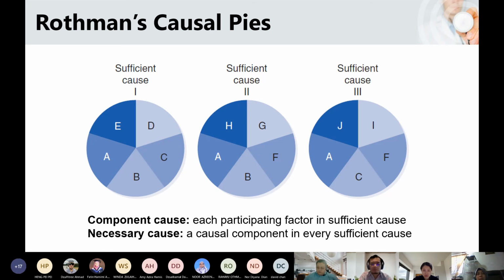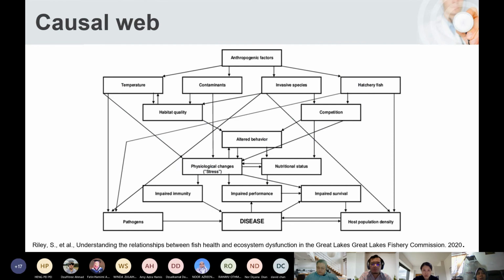But in real life, we use a causal web. And this is what you need to develop in your proposal later, chapter 2. Let's say you're interested in, for example, what is your title? Do you have a title already? Okay, easier. Hypertension: there are modifiable factors, there are non-modifiable factors. So we read from the literature.